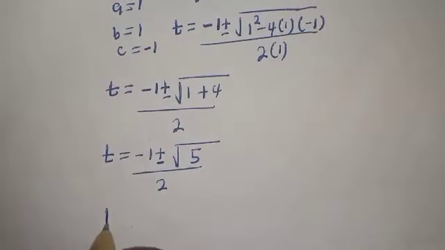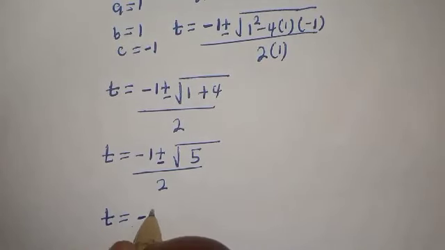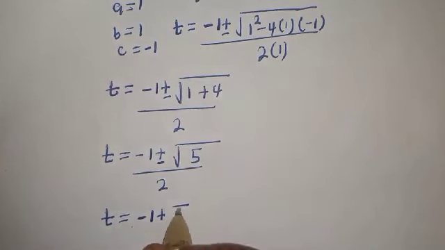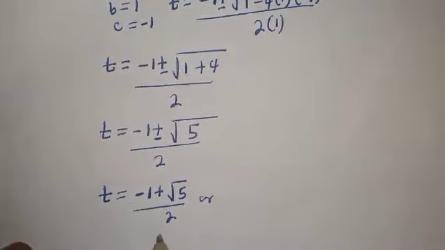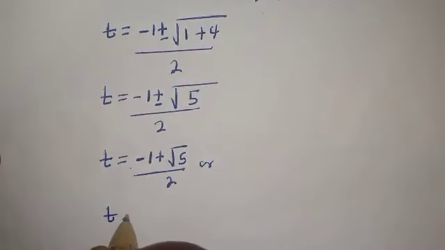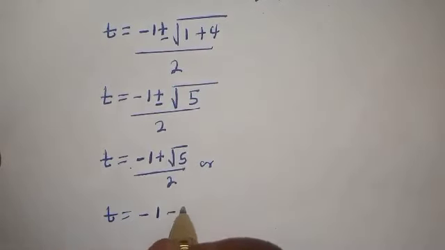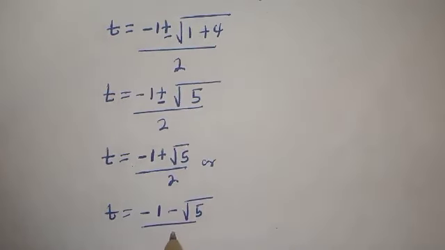Then t is equal to minus 1 plus root 5 over 2, or t is equal to minus 1 minus root 5 over 2.